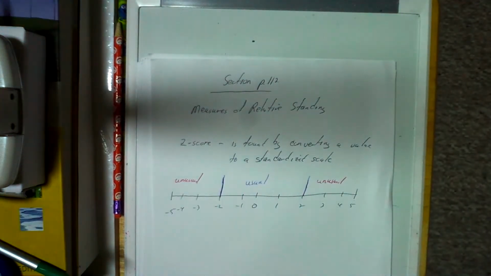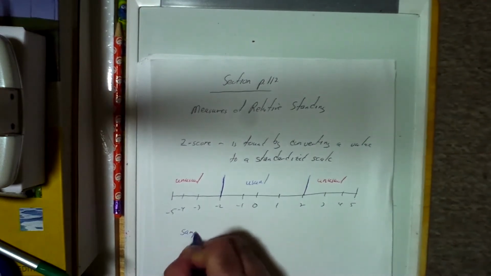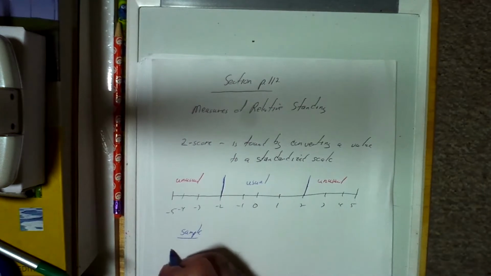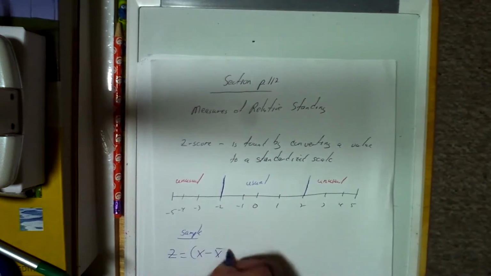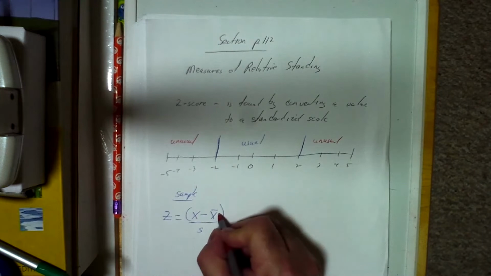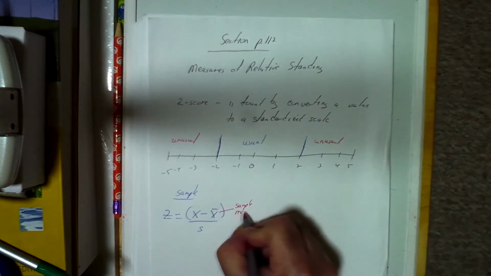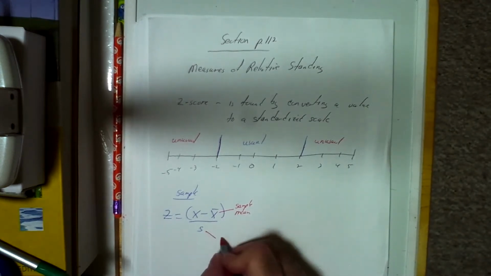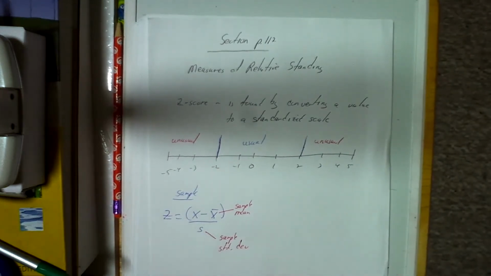Here are the formulas. There are two of them, and either one is the same. Here's the sample one: z equals (x minus x bar) over s. X bar is the sample mean, and s is the sample standard deviation.